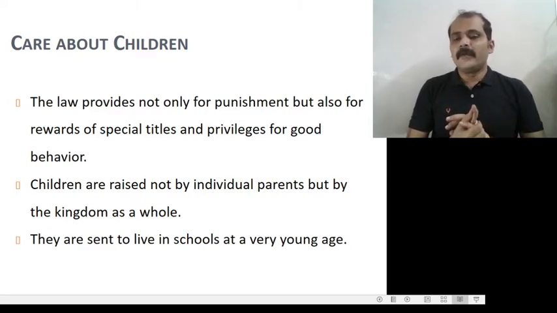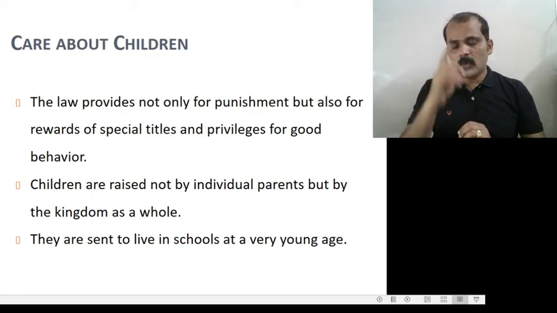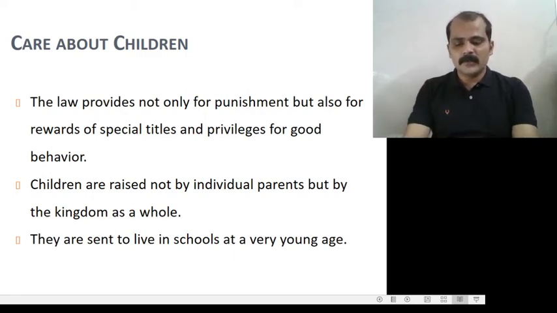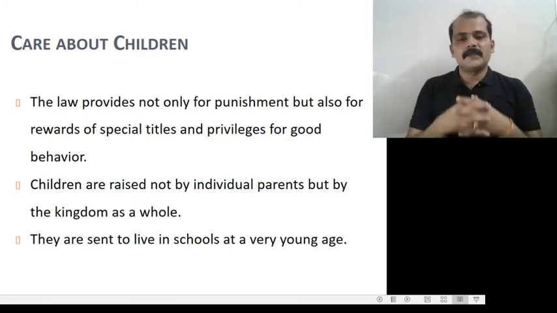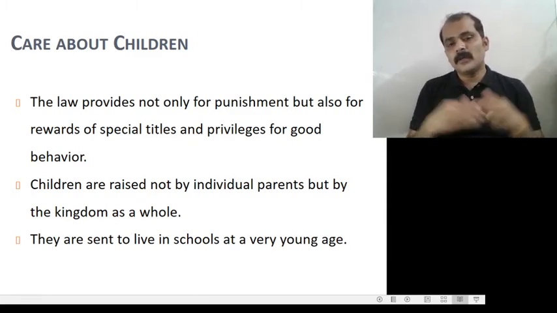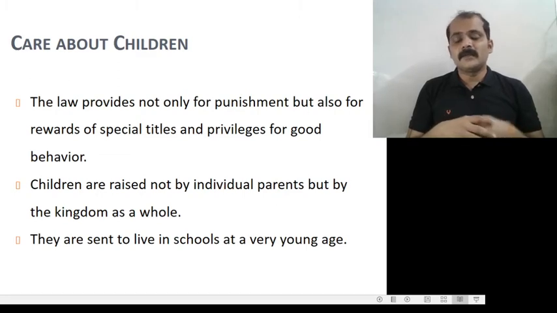Children are raised not by individual parents but by the kingdom as a whole. Look at that. Once a child is born, it is the kingdom's. The kingdom as a whole raises the baby.